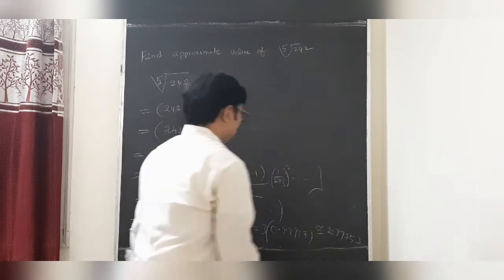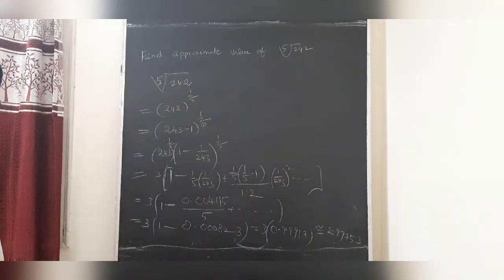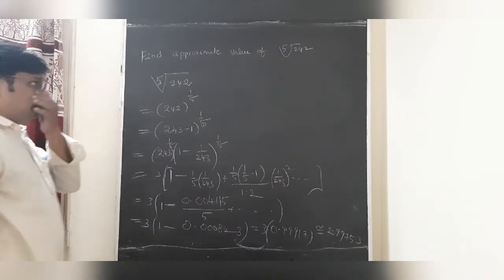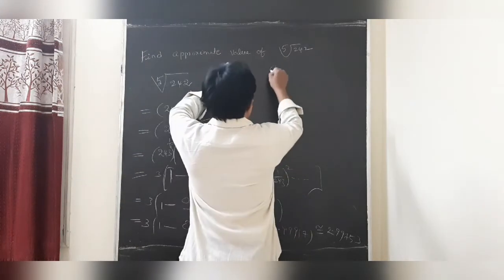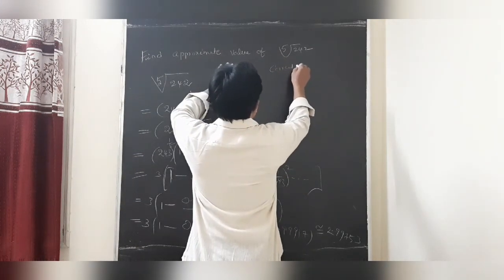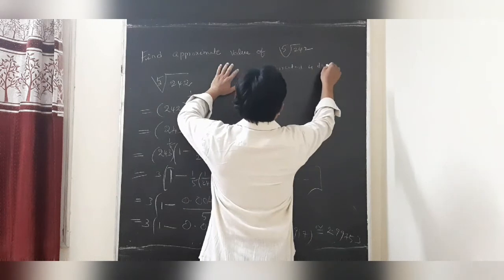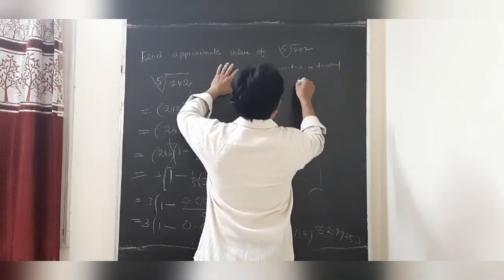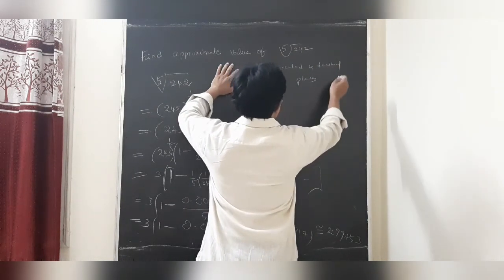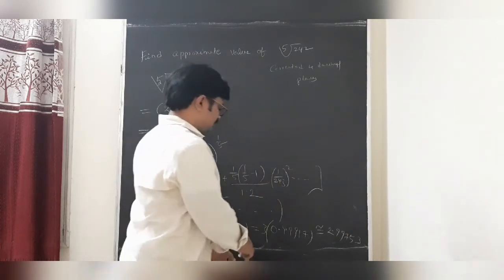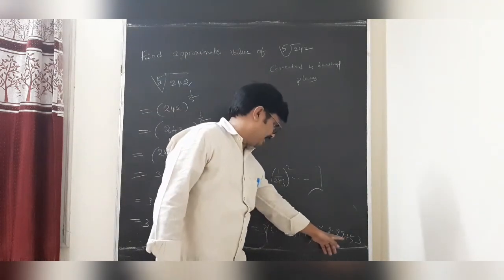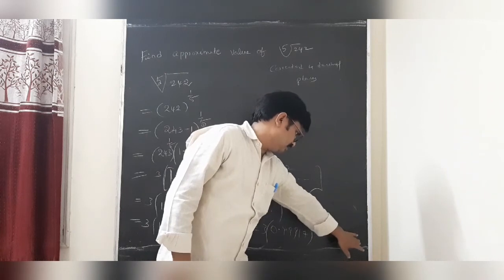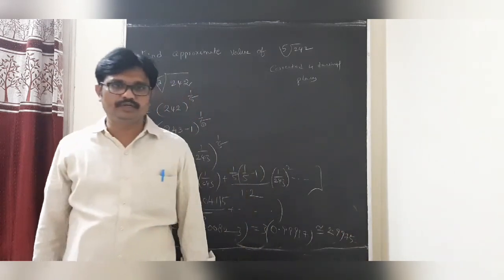Corrected to 4 decimal places. What is given, students? 4 decimal places. That is, students, the 4 decimal places is 2.9975. That is the required solution.